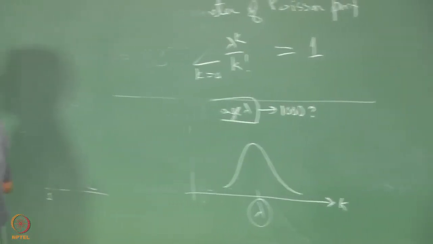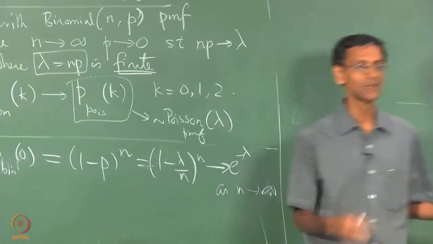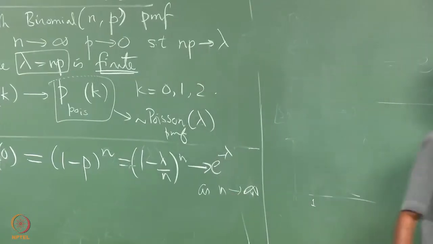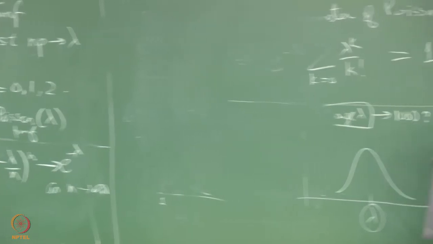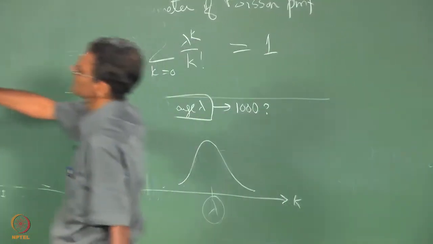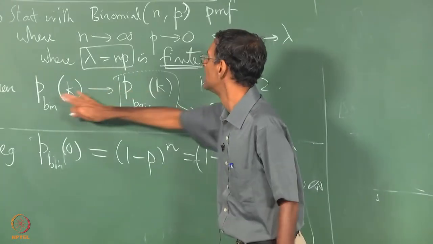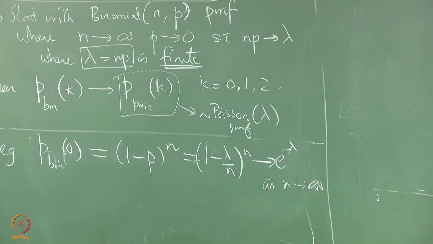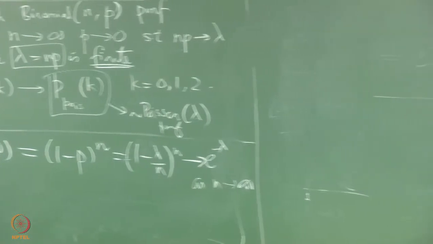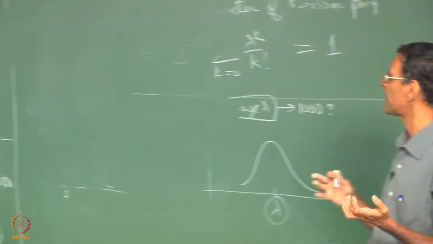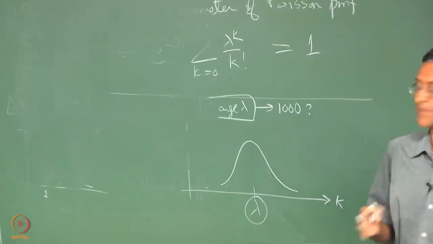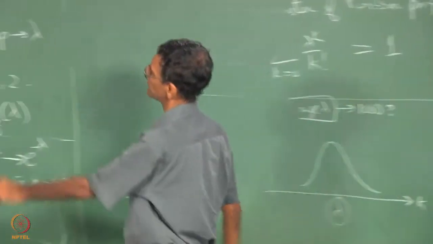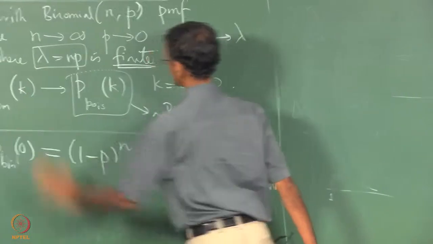So the n goes away, the p goes away, all you are left with is lambda. It's like a pointwise convergence. When I say this converges to this, mathematically all the probabilities arrange themselves so that the Poisson distribution very closely describes this.